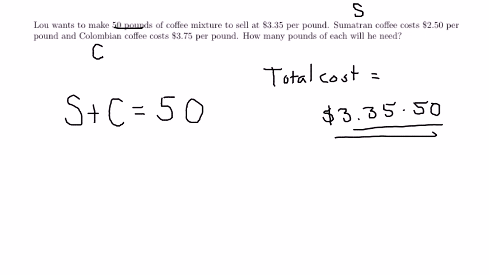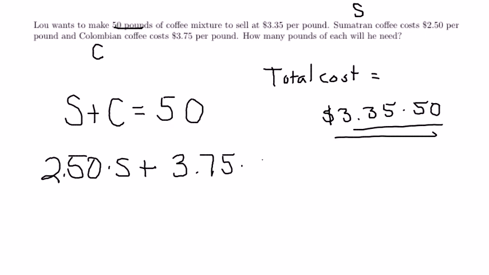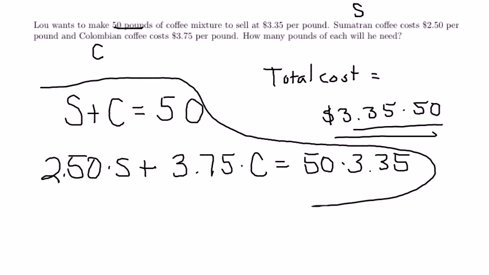So our other equation turns out to be, let's see here, 2.50 times S plus 3.75 times C equals 50 times 3.35. So once again, we've got two equations in two variables.